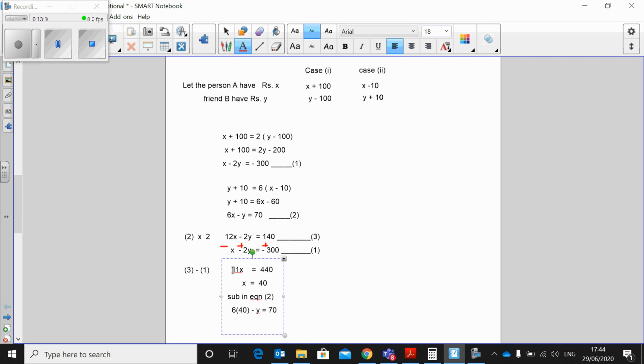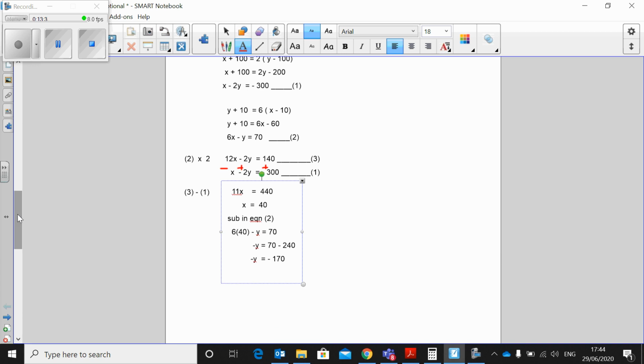That means minus y equal to 70 minus 240, which is nothing but minus y equal to minus 170. That means y is equal to 170. So we got it, y is equal to 170 and x is equal to 40.